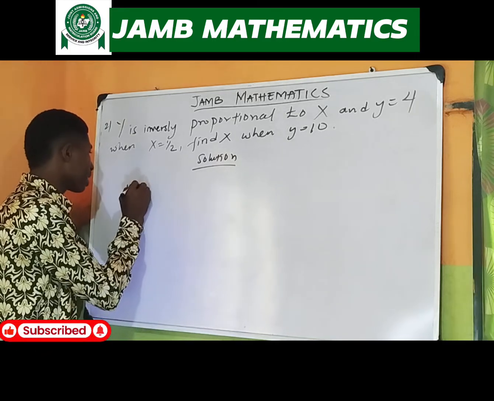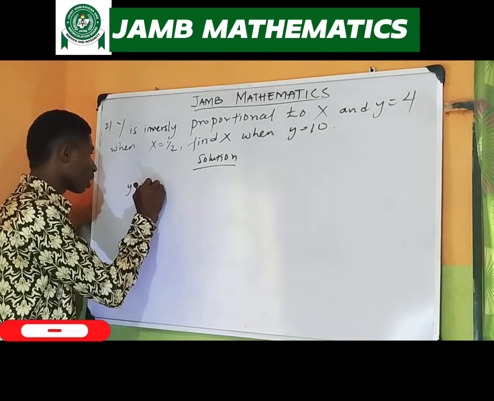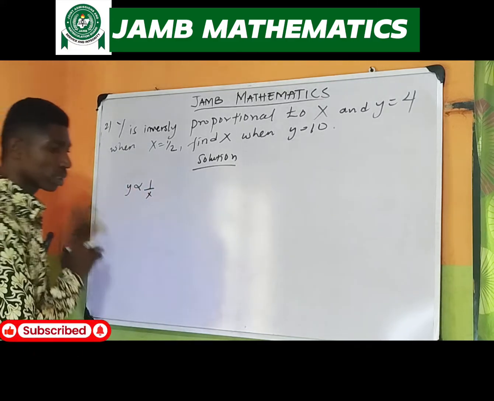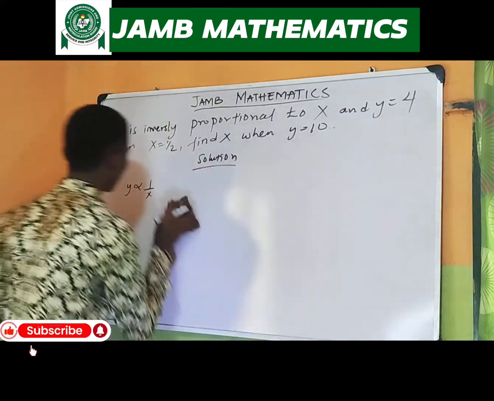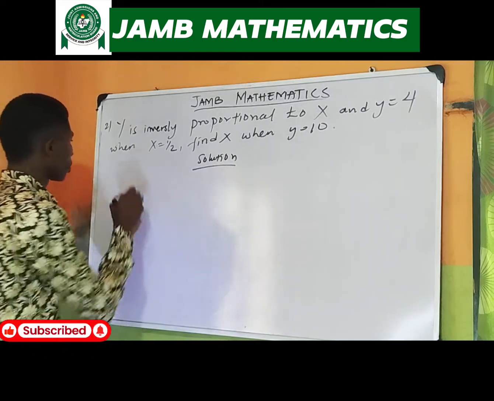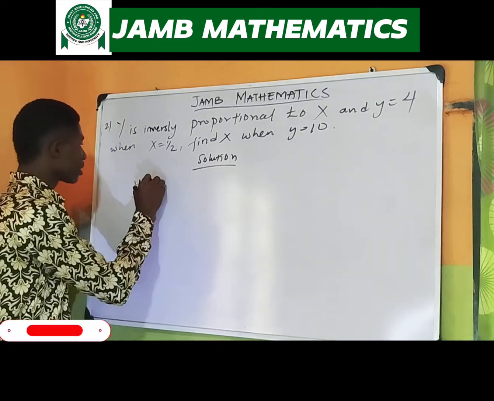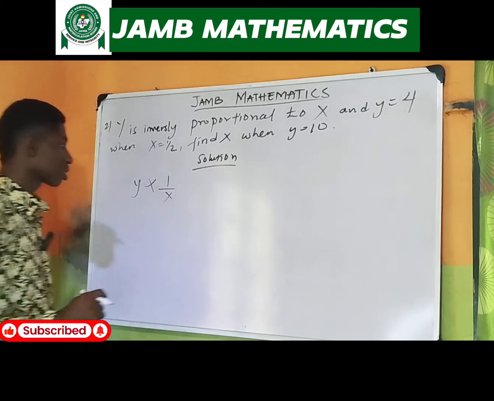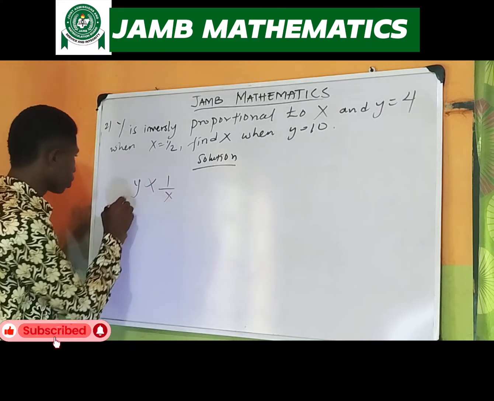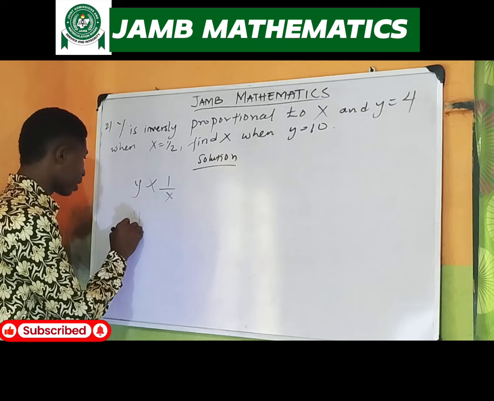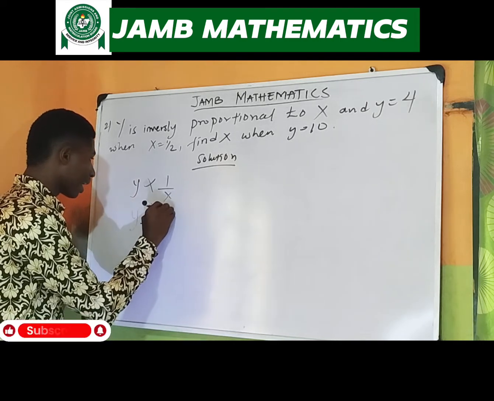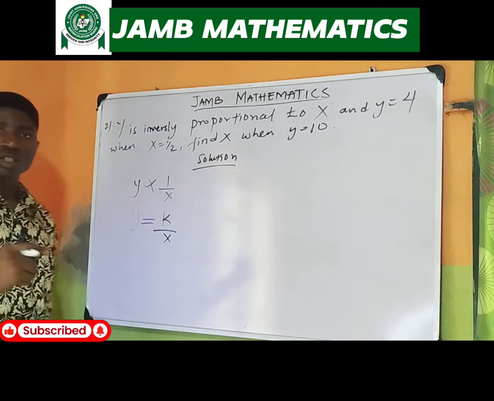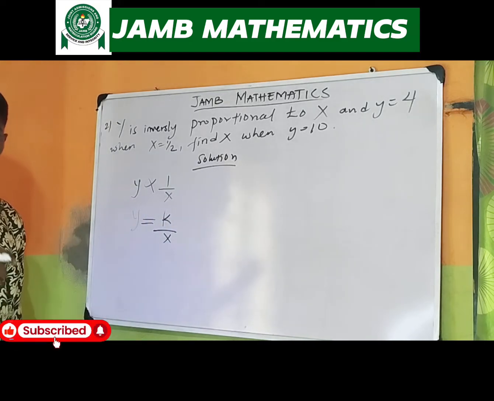Let's write this boldly. So writing this down, y is equal to k over x, where this k represents your constant of proportionality.